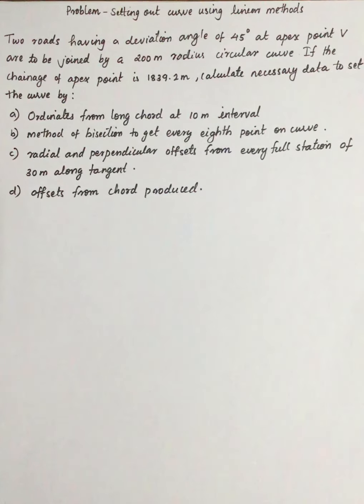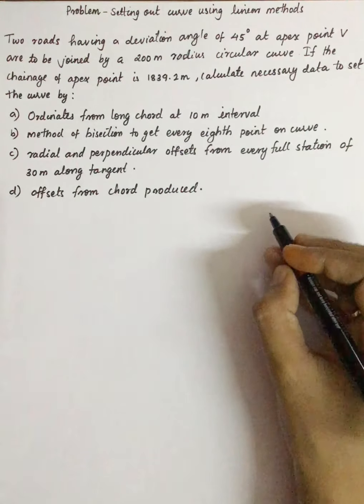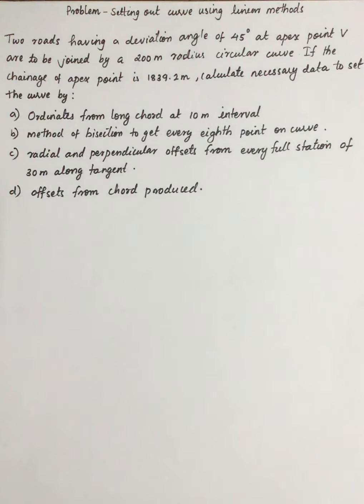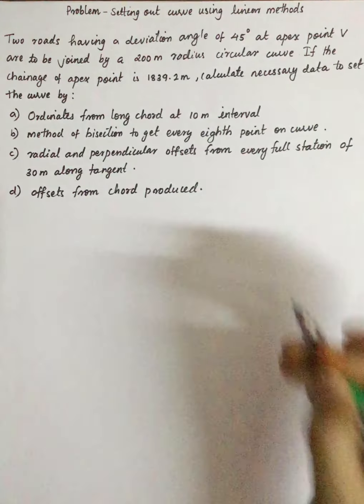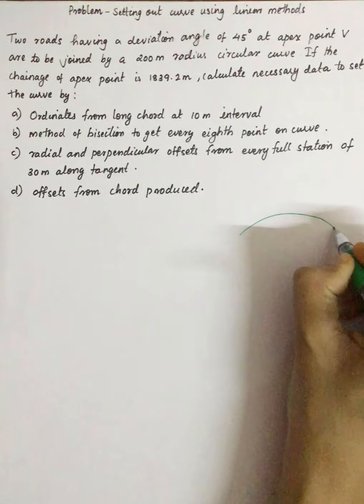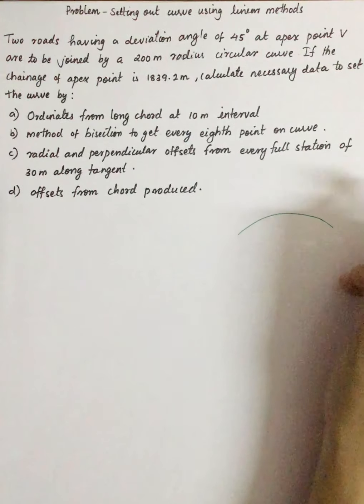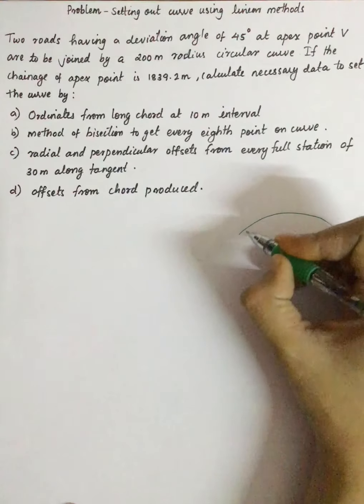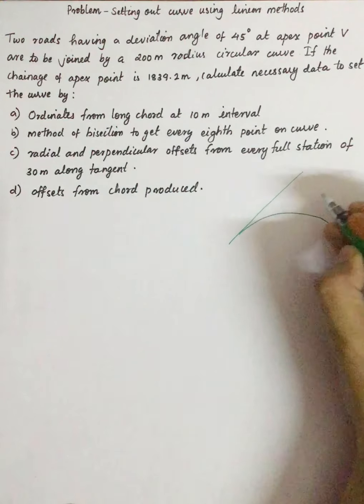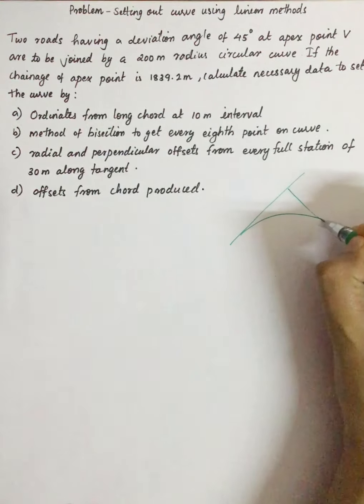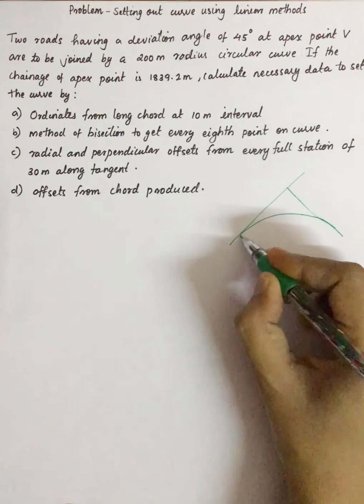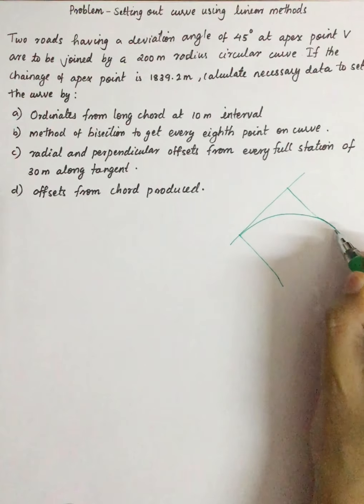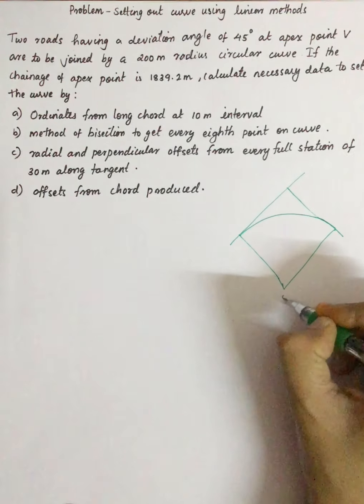So the basic data which are given are the deviation angle of 45 degree at apex point. So when you look at this circular curve, this is the curve, right?